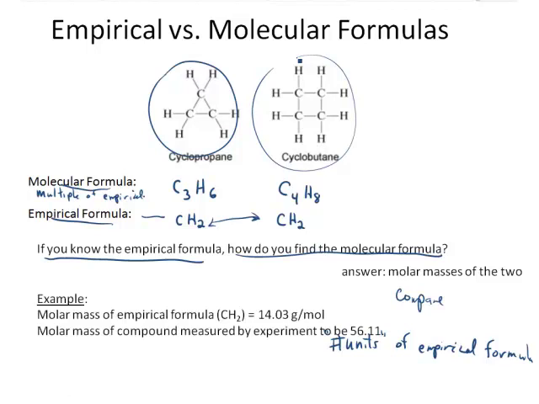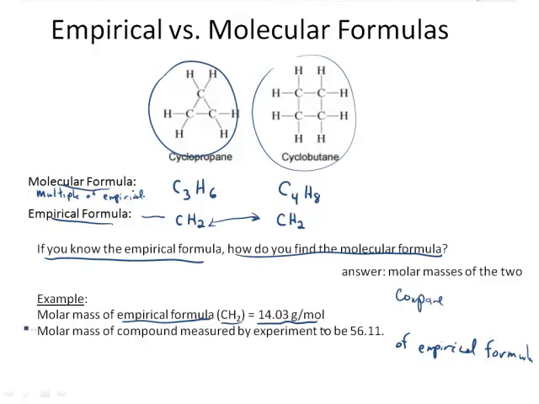Okay, so let's look at this example we have here, and let's erase some of the stuff I wrote in the way. Clever lad that I am. So in this case, if we look at the one on the right, the molar mass of the empirical formula, CH2, you just calculate that. CH2 has a molar mass of 14.03.